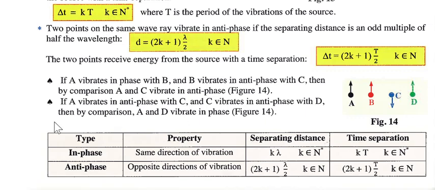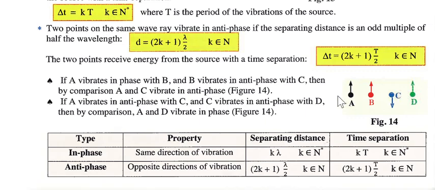Here we can see a small recap regarding what we have just said about the vibratory state of the 2 points with the formulas, and a small example on the vibratory state in this figure 14. We can see A and B vibrate in phase, B vibrates in antiphase with C. Therefore, if we do a small comparison between A and C, we can see that A and C vibrate in antiphase, because B and C are in antiphase and A and B are in phase.